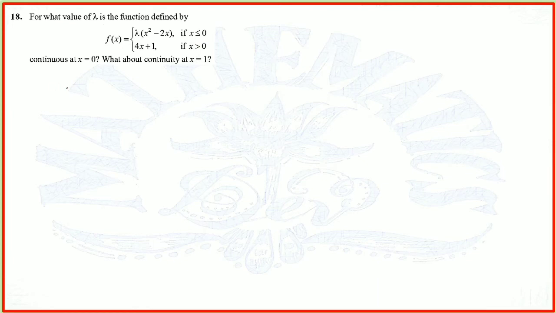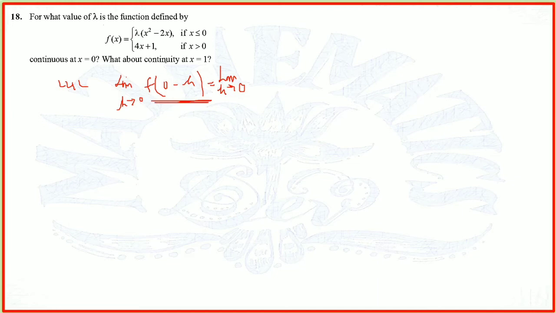So I do it here, taking the left hand limit at x equal to 0. I am writing directly limit h tends to 0, and since we are taking the left hand limit, we put 0 minus h: limit h tends to 0 of f of 0 minus h.